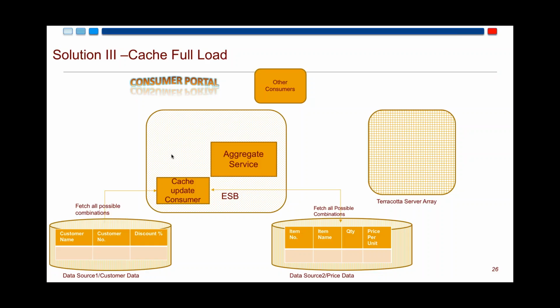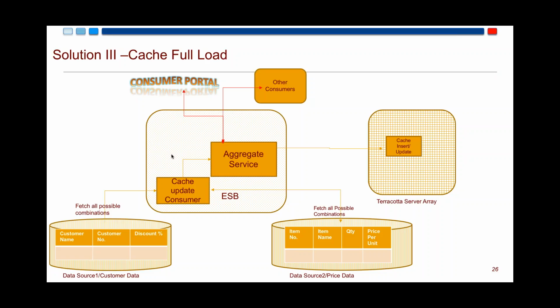We get both the data sets, and we prepare all input combinations for the aggregate service, and invoke the same aggregate service which has the framework plugged in, so that it will insert the cache for all the possible combinations into the Terracotta server array.